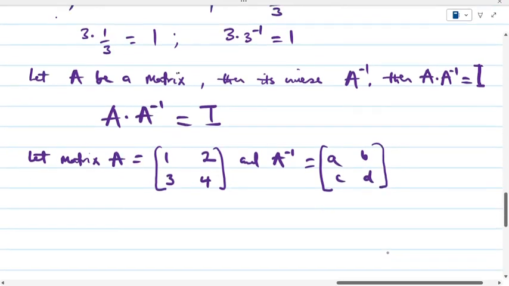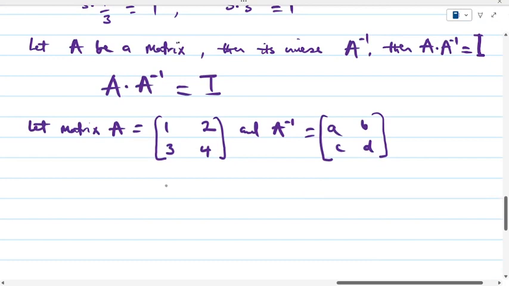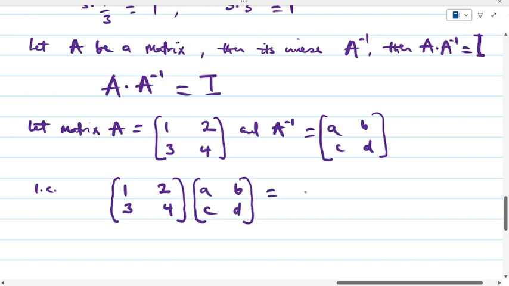Then according to the definition, the multiplication of these two should be equal to 1, that is [1, 2; 3, 4] times [a, b; c, d] should be equal to the unit matrix, as in this 2 by 2, [1, 0; 0, 1]. Take your time, watch the unit matrix video.